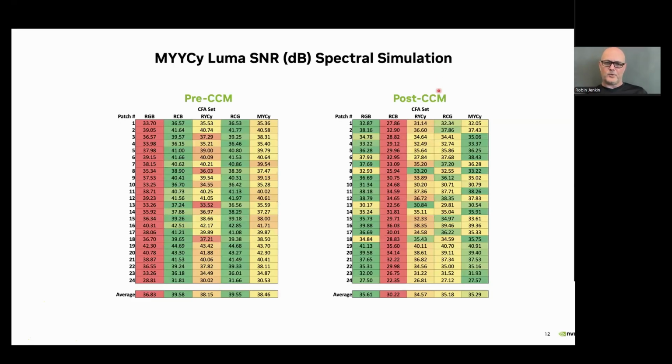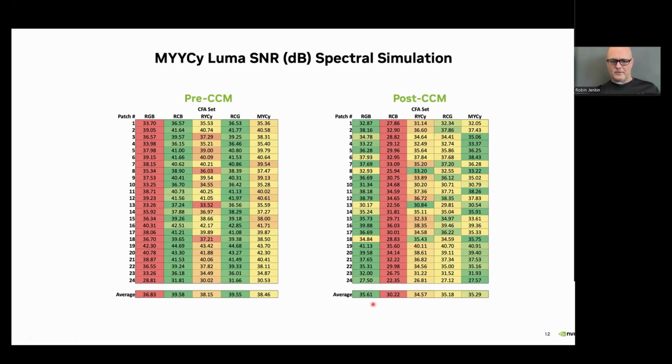And then as soon as we apply a CCM to get some color out of this, the advantage of the clear channel is lost, and RGB comes out to be the best. RCB comes out to be the worst. And happily, it seems like what we predict for our MYCY seems to be true.